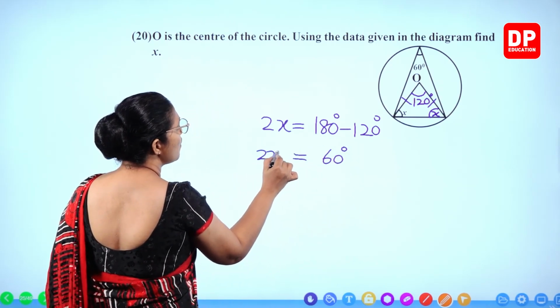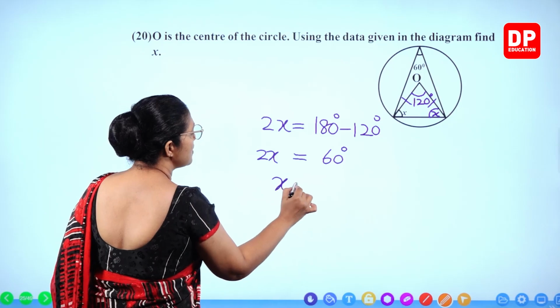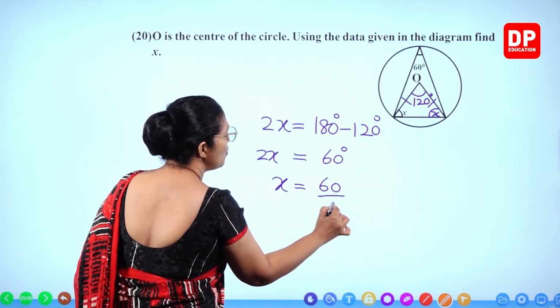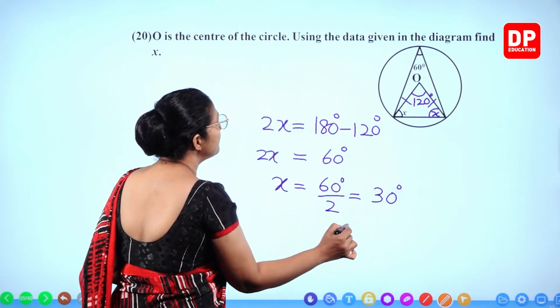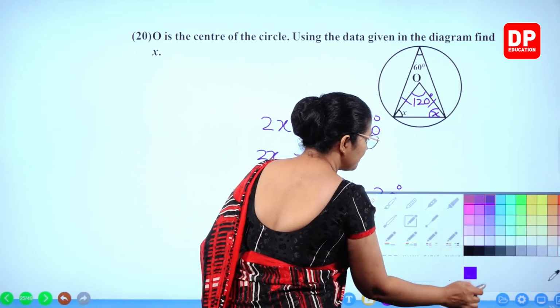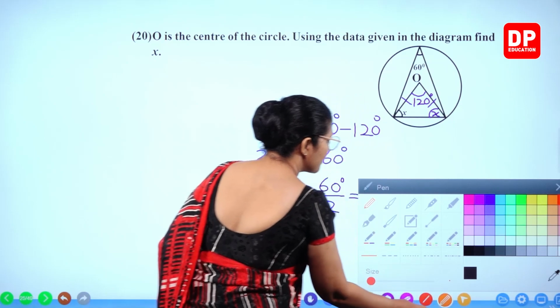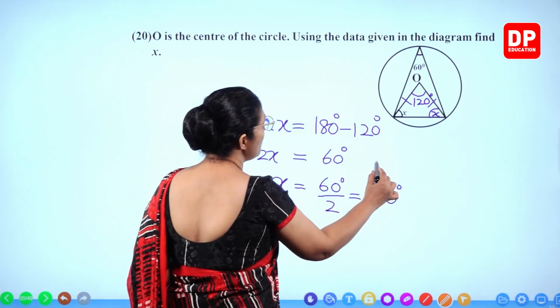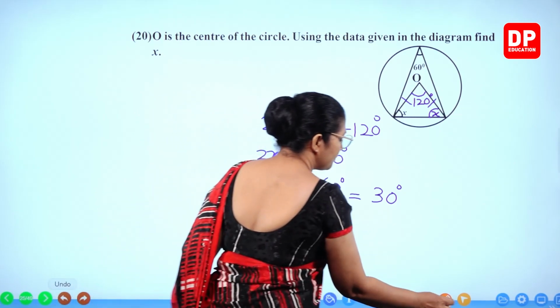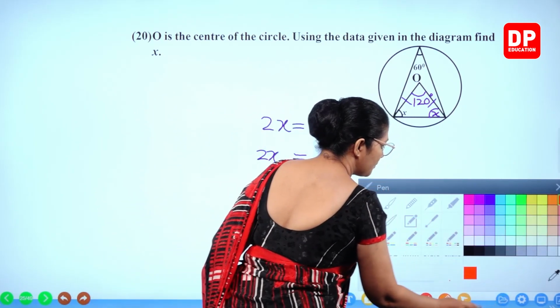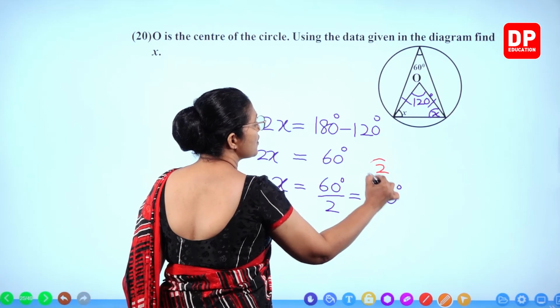So 2x equals 60. X becomes 60 divided by 2. You get 30 degrees. So you get 2 marks for that.